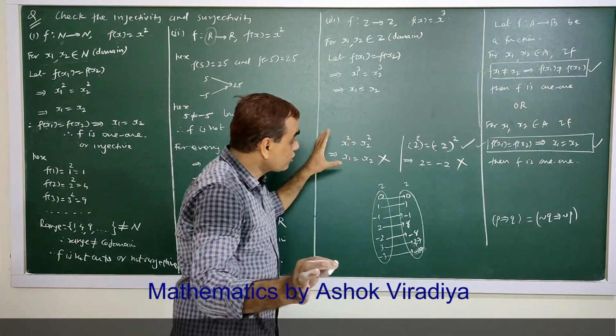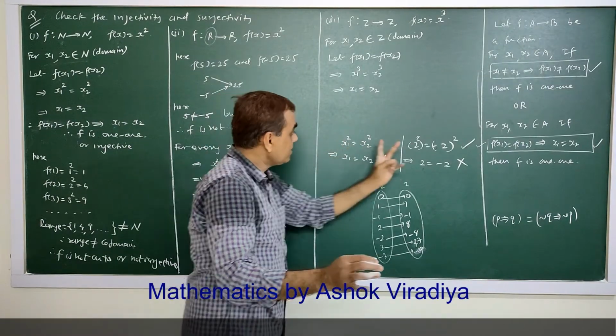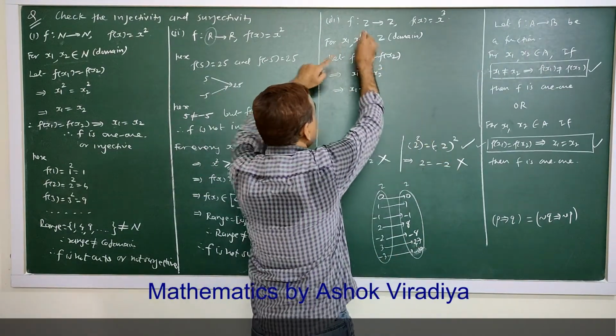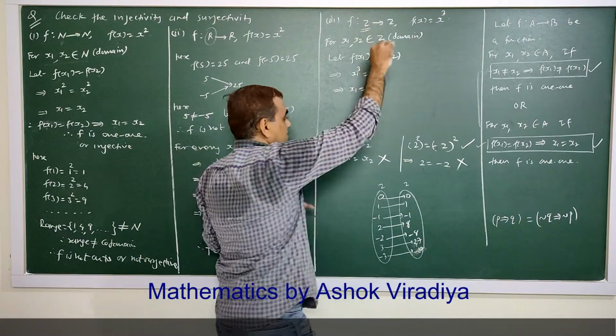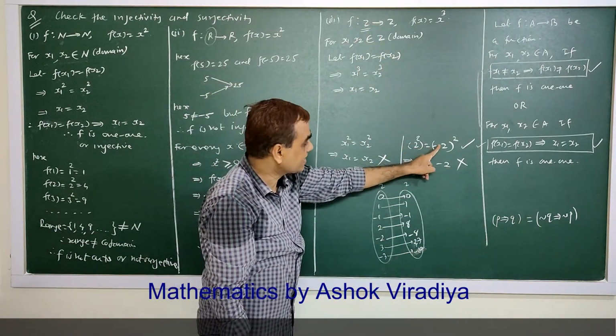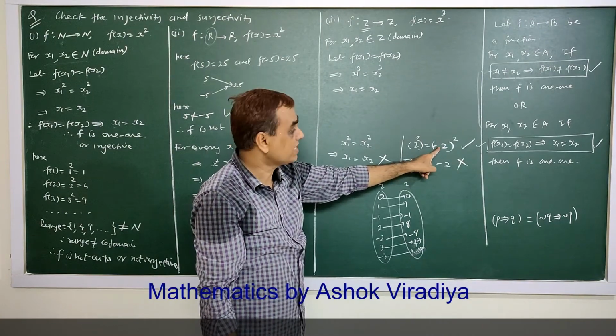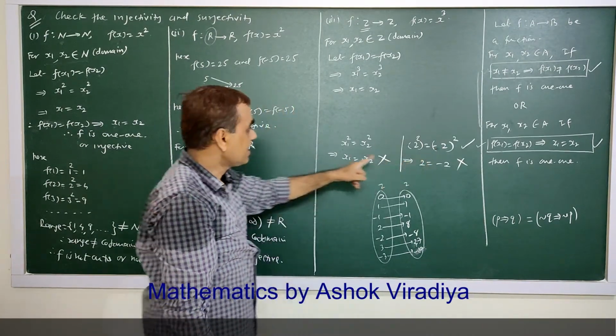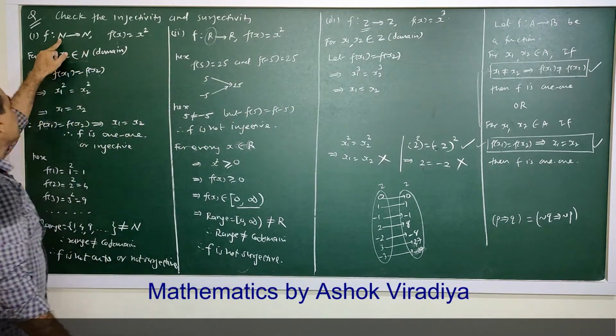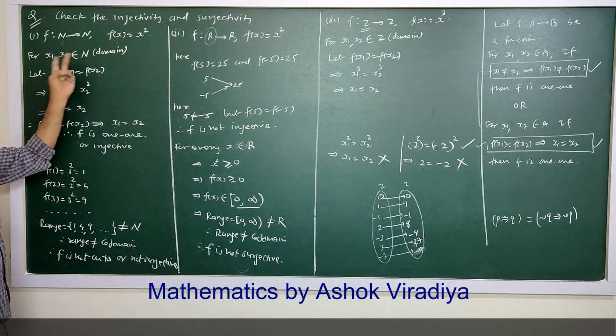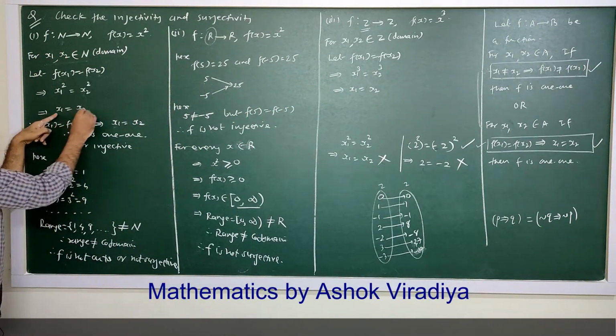If these numbers are taken from Z, because Z contains integers, negative also, it is not true. But in that question, because these were natural numbers, that's why this was true.